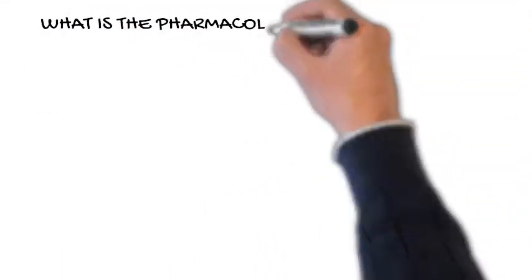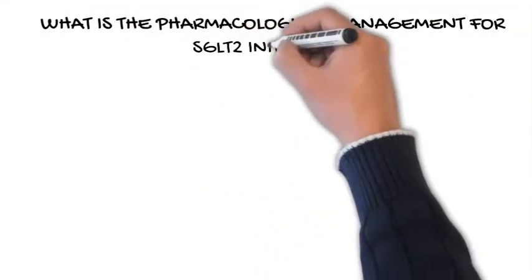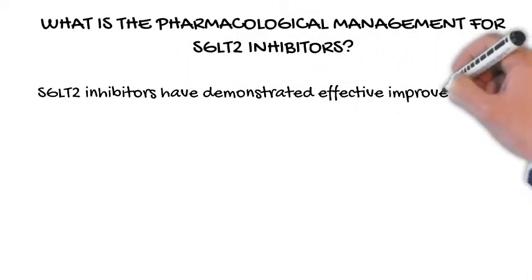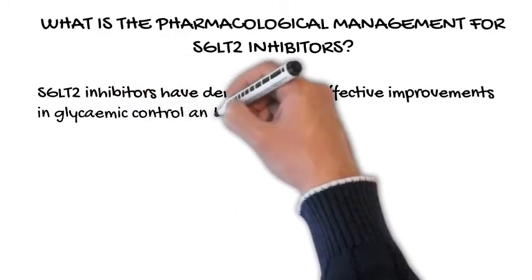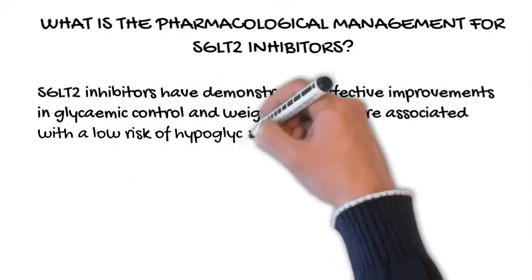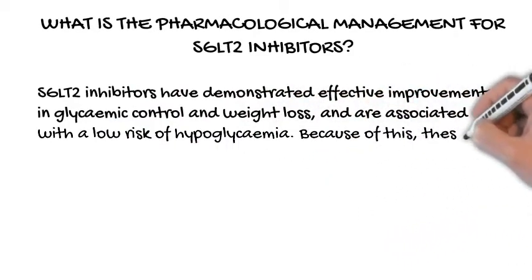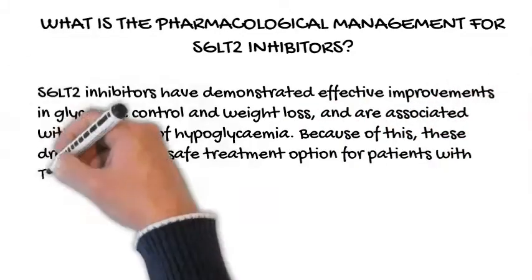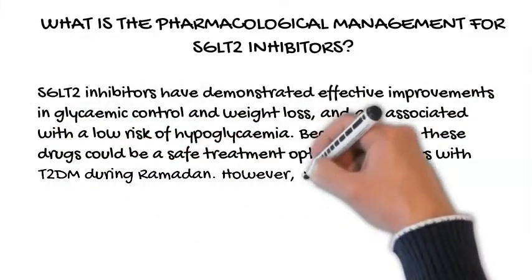What is the pharmacological management for SGLT2 inhibitors? SGLT2 inhibitors have demonstrated effective improvements in glycemic control and weight loss, and are associated with a low risk of hyperglycemia. Because of this, these drugs could be a safe treatment option for patients with T2DM during Ramadan.